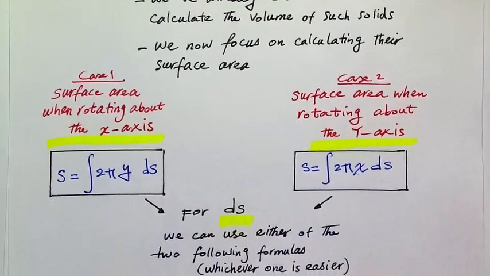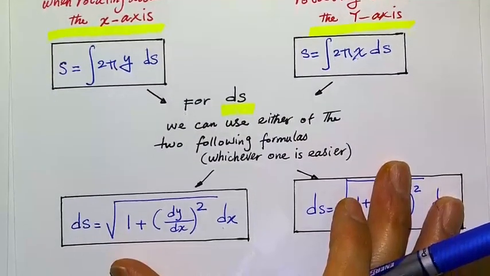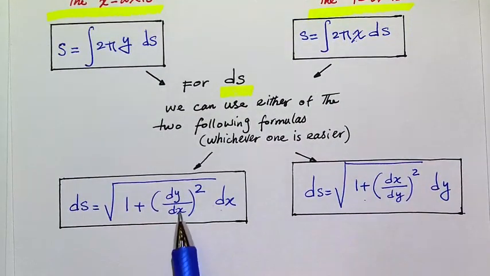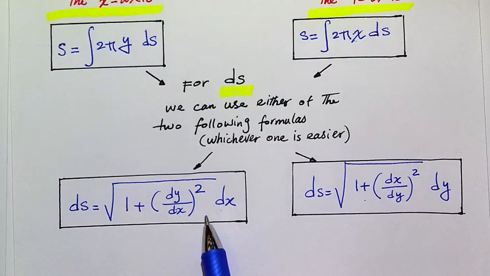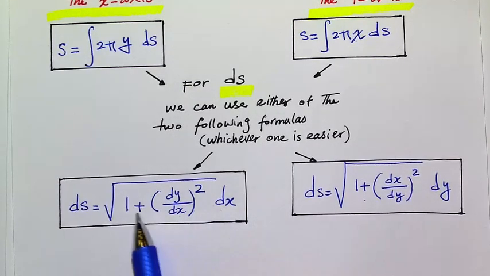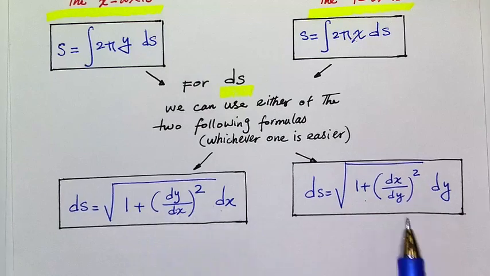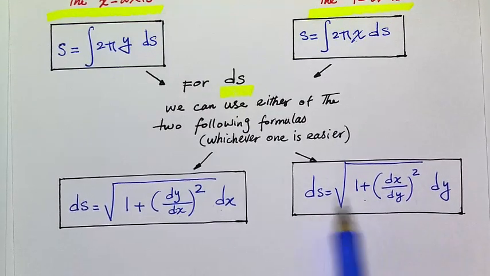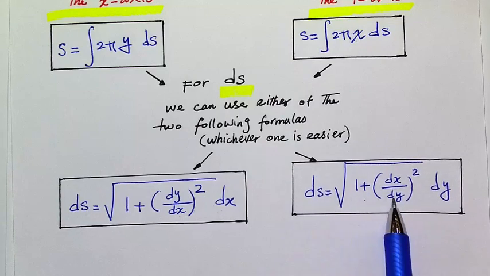Now ds itself has this form, either this formula or that formula, depending on which variable we're using in our integral. If we're taking the integral with respect to the x variable, this is what we will use. If we're taking the integral with respect to the y variable, this is the ds formula we will use.